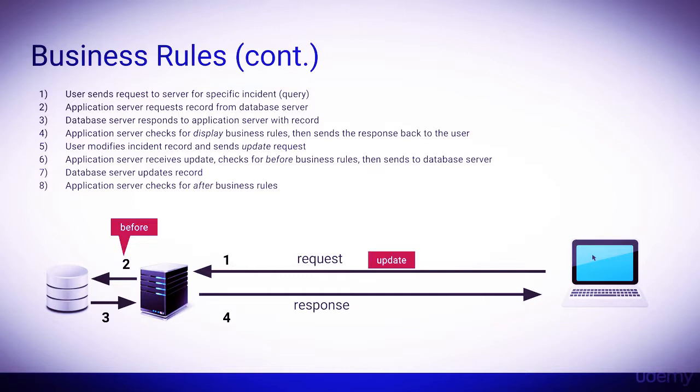Once the database server has finished the operation, the application server will then check for after business rules and then send the response back to the client. This was a quick example showing the query and update requests, as well as the before, after, and display business rules.